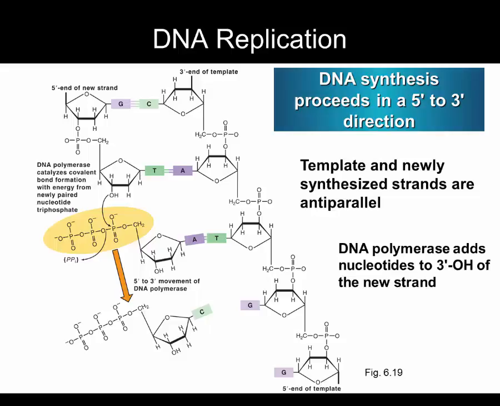Here's an example of how the process works. On the right is a template strand, and on the left is a new strand being synthesized. This thymine needs to be paired with an adenine. So the polymerase makes sure a dATP molecule is brought in, and it catalyzes the formation of a covalent bond between the first phosphate of the dATP and the 3' hydroxyl of the previous nucleotide, releasing the other 2 phosphates.